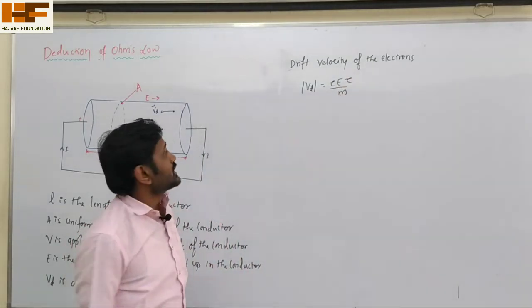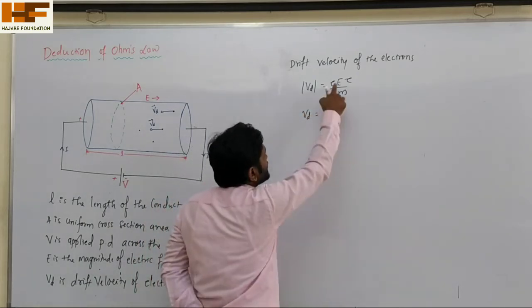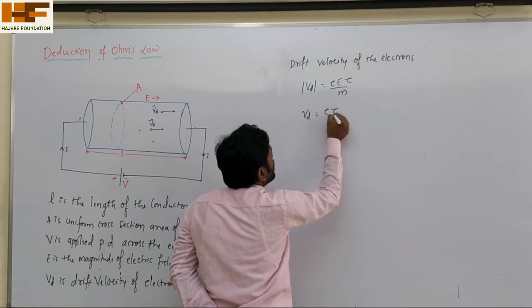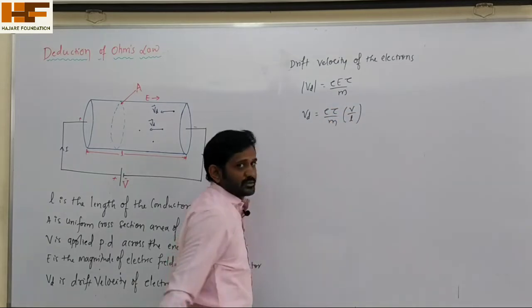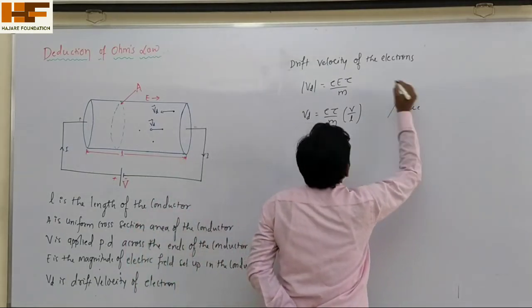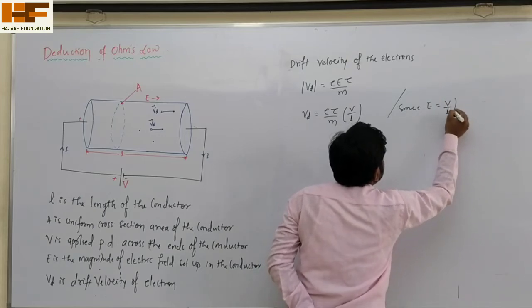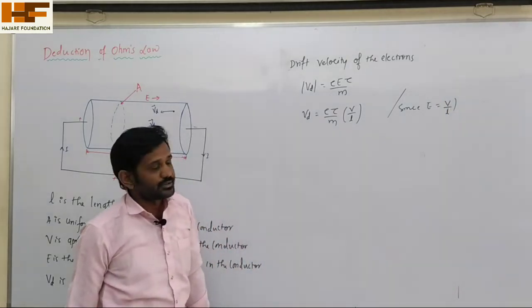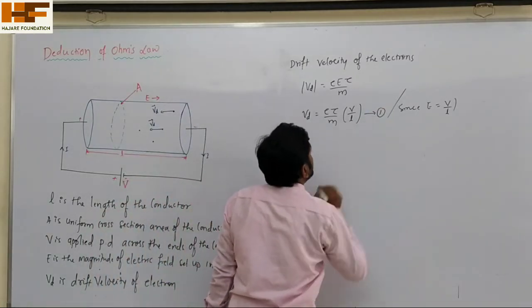Or shall I write v_d is equal to e tau upon m into V divided by L, because E is equal to V divided by L, that is the potential gradient. This one we can take as equation number 1.